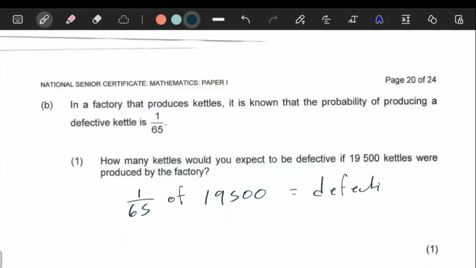That's the English way of saying it verbally. But mathematically, when you want to work out the value, it's 1 over 65 times 19,500. This is giving us 300.